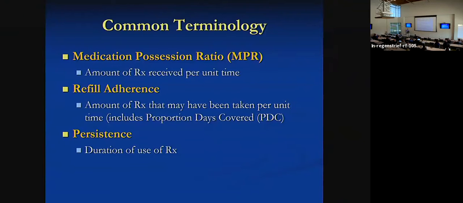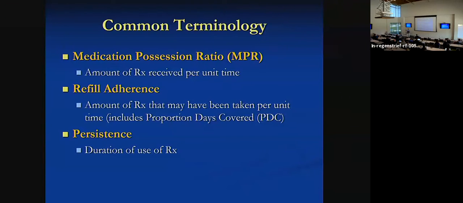Now things are better because computer systems for addressing prescription amounts are much better as well. But that's medication possession ratio. We did a good job of supplying our patients with drugs. Refill adherence basically covers the period from when the patient first got their prescription and when it ended.